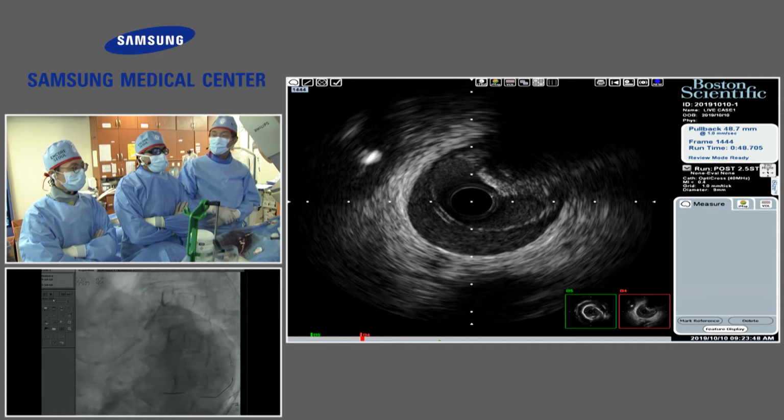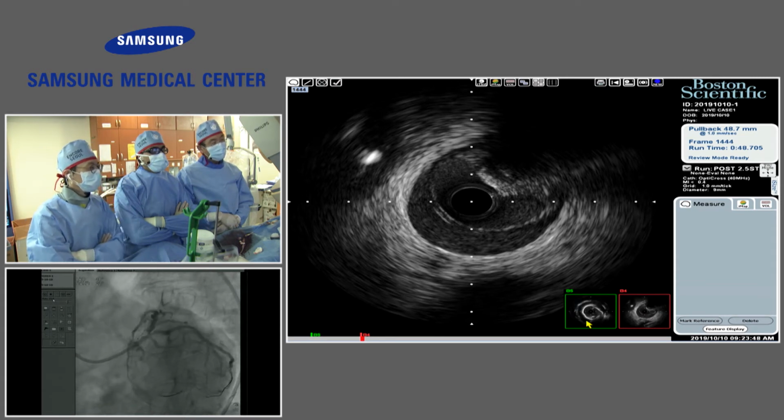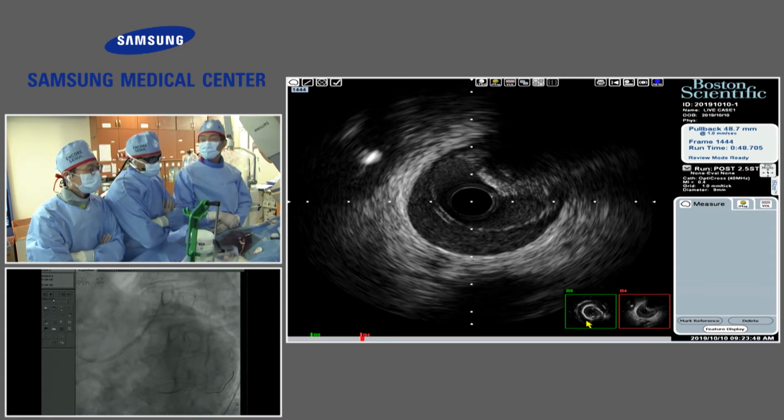So I agree with Dr. Ali that we are not sure. Possibly we can do that, but we are not sure that we enter into the stent after rotablation. So maybe we need to change the strategy to just a kilo stent.